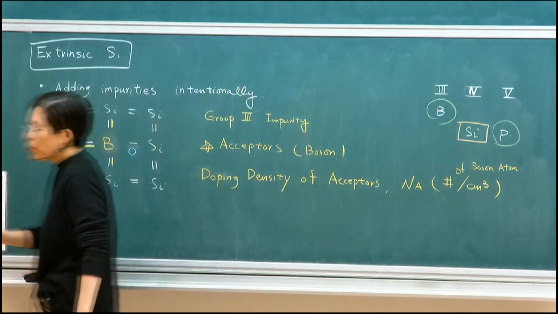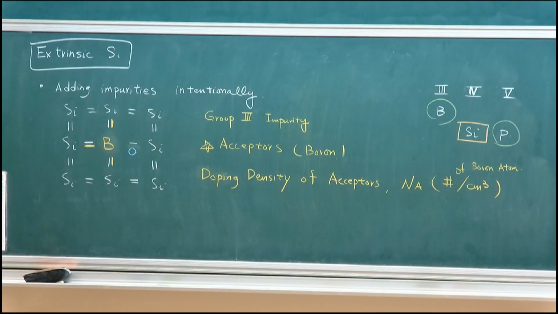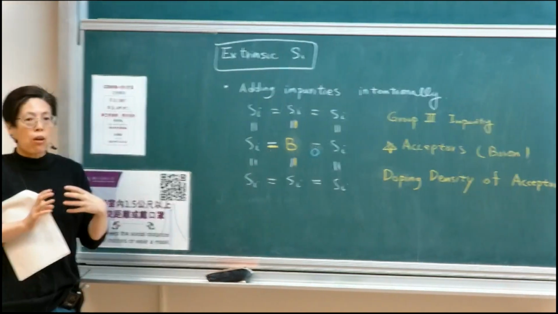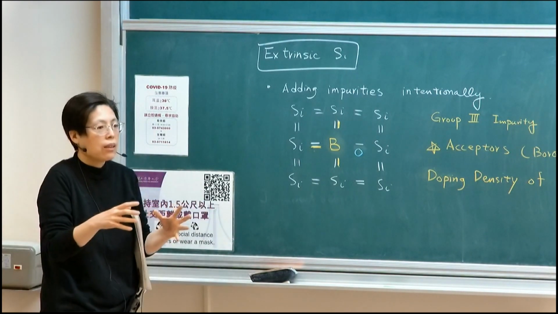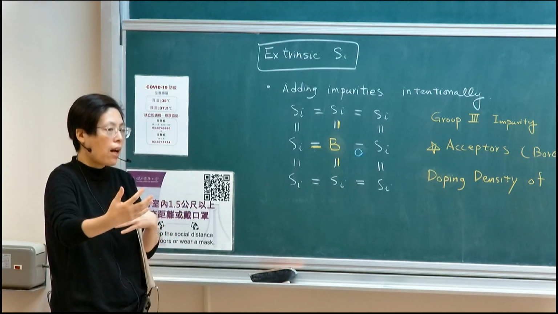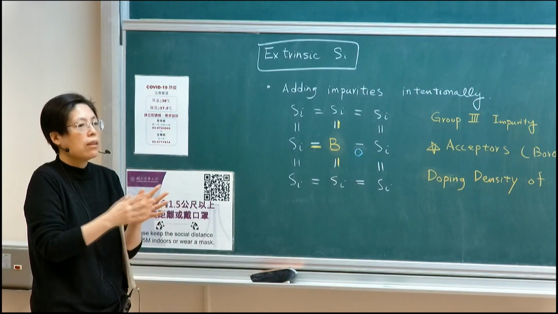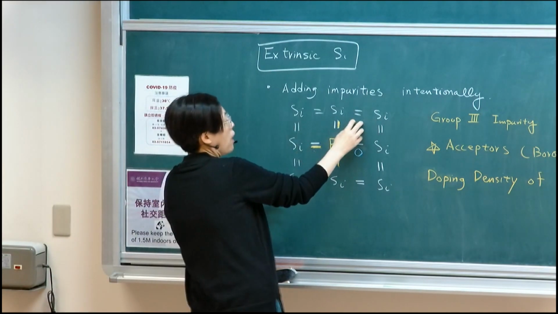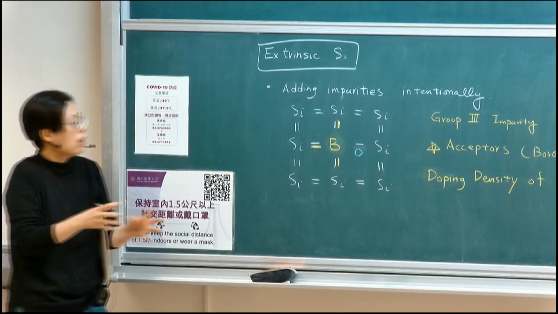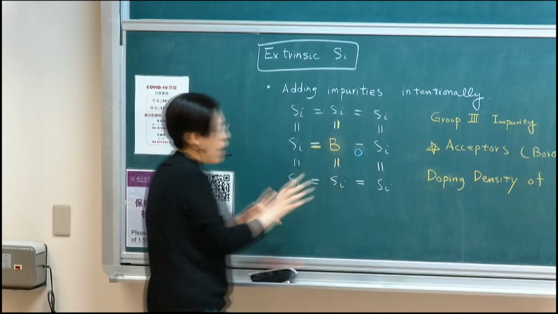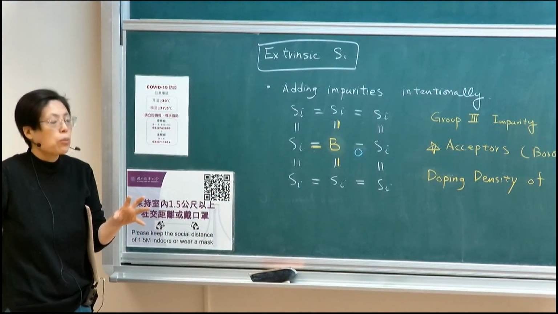When you pick the impurity, one of the key important things is that you need to make sure that the boron is in the crystal and being linked with other silicon. That's called the activation of the dopant, meaning that I cannot just come in and stay on the side. If it stays on the side, it would be additional borons not in the crystal. You want to make sure that the boron's 3 valence electrons are actually bonded within the crystal.